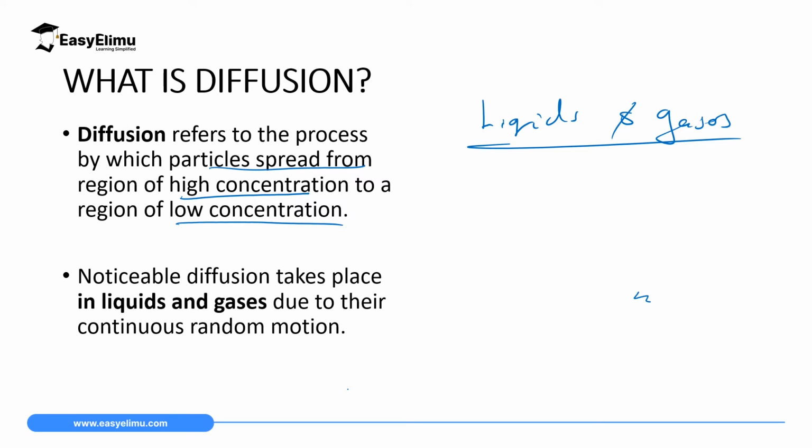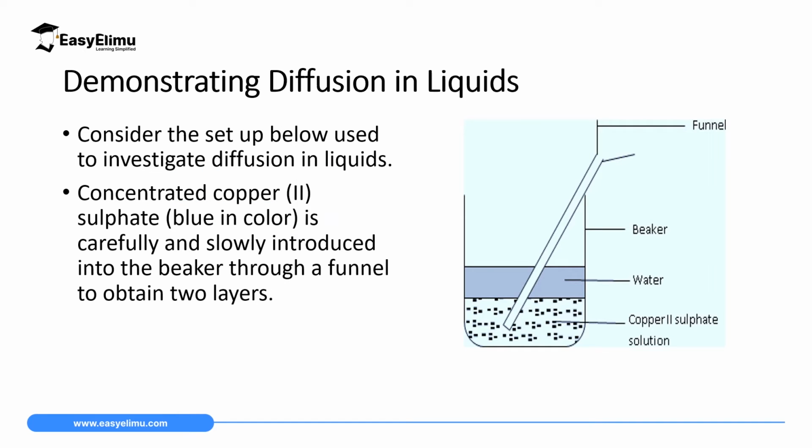The reason liquids and gases move is that they undergo Brownian motion, that is, continuous random motion. This motion is caused by the large intermolecular space between the particles and the weak intermolecular forces. Now, what experiment can we perform to demonstrate diffusion in liquids?